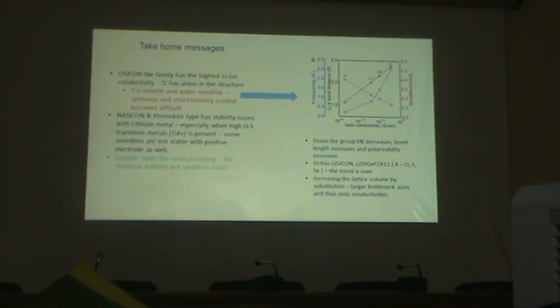They say that is very important for the anion stability of these structures, and that includes thio-LISICON, which just means you have sulfur in there. That increases lattice volume by substitution, giving larger bottleneck sizes and thus higher ionic conductivities.